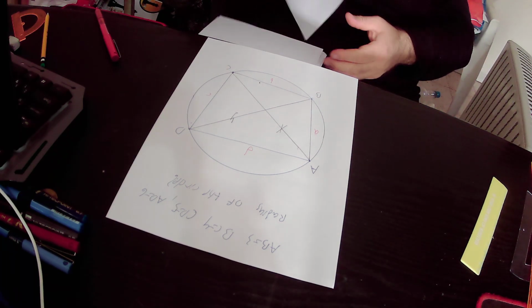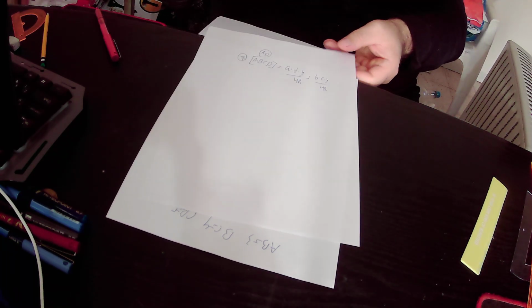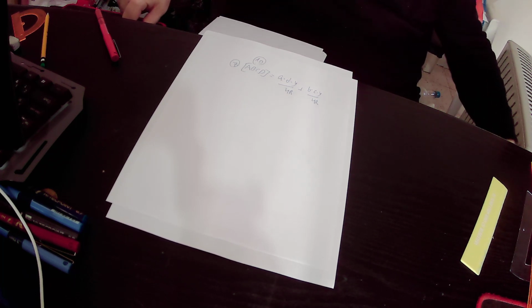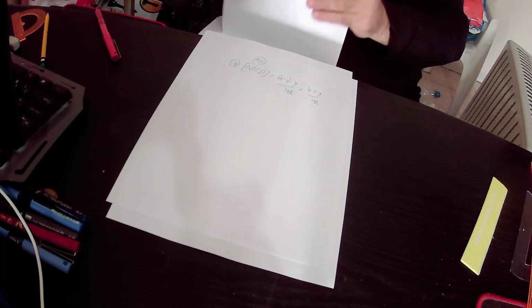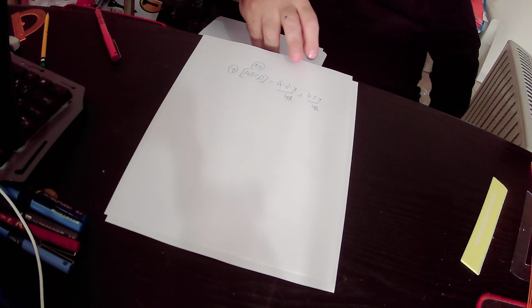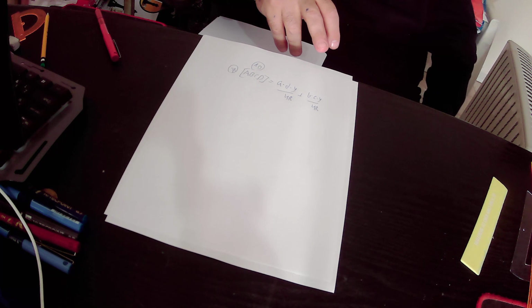So we actually found out that the area of quadrilateral ABCD equals a times d times y over 4r plus b times c times y over 4r.